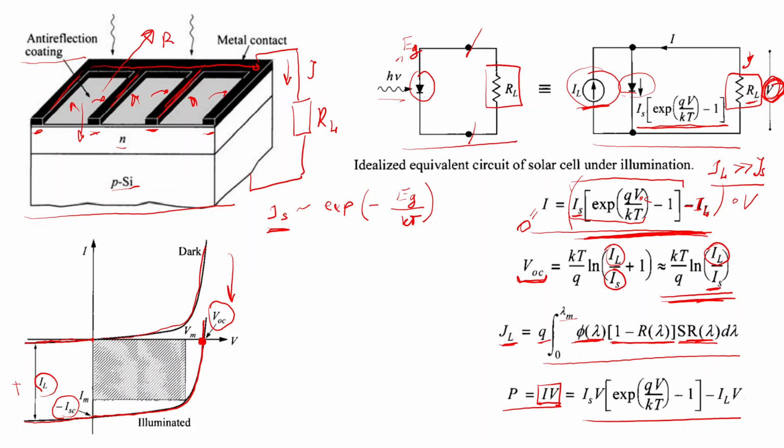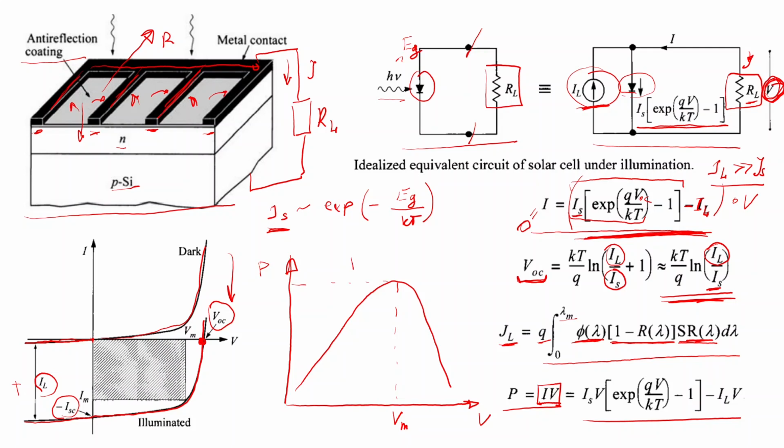If we look at the voltage dependence of this power, here will be voltage, here will be power. It will be some curve with a maximum. At some voltage V maximum, we will get the maximum power out of our solar cell.